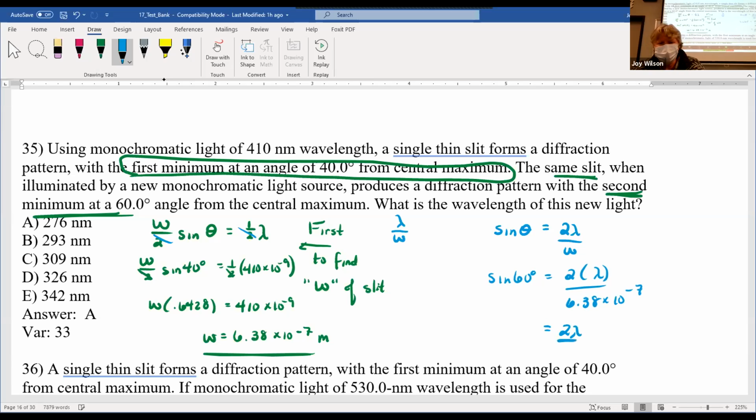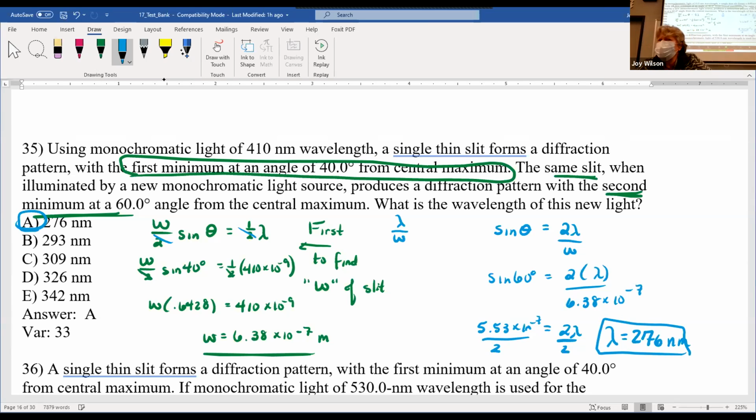And then I'm going to divide that by 2. So 5.53 to the negative 7th divided by 2. So my wavelength is 276 nanometers, which is answer A. Which they told me it was answer A, so good. It's always good when you work the problems correctly.